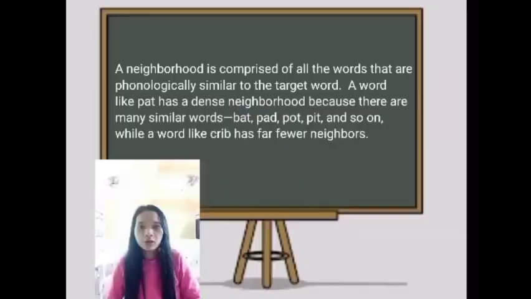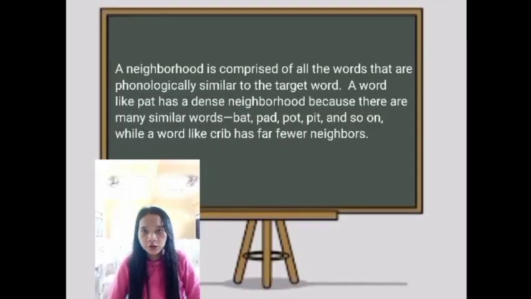The speed with which a listener can retrieve a particular word also depends on the size of the word's phonological neighborhood. A neighborhood is comprised of all the words that are phonologically similar to the target word.